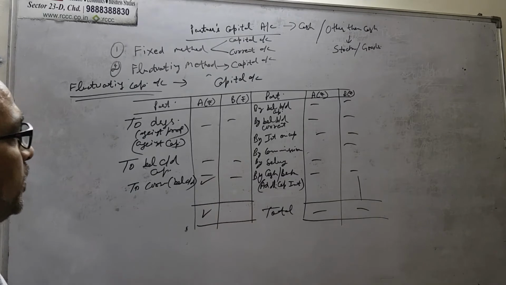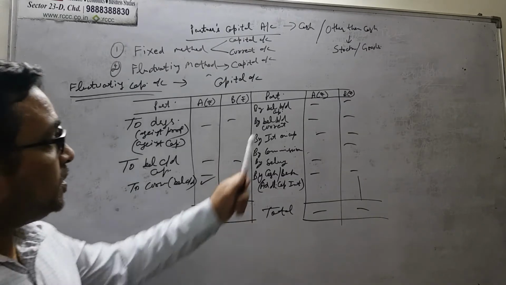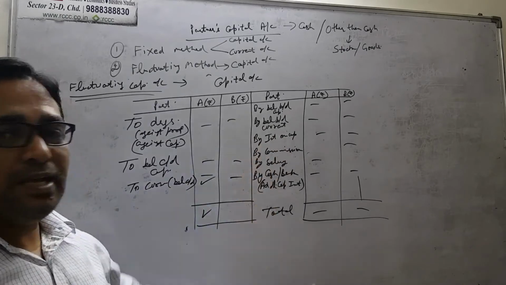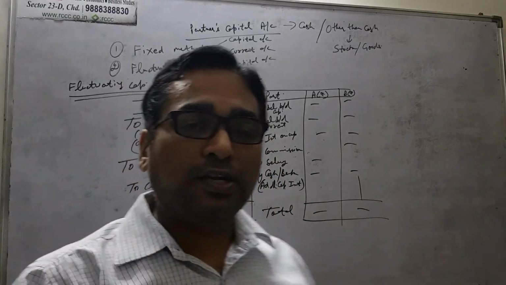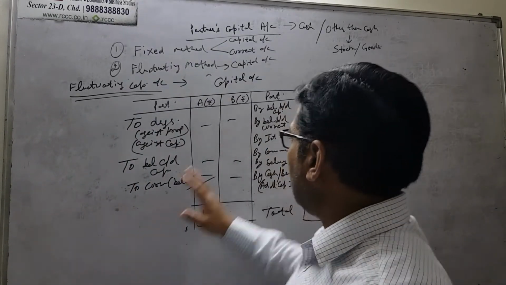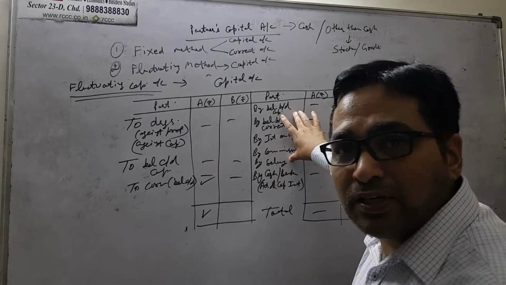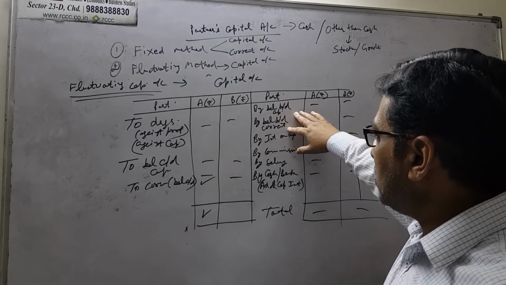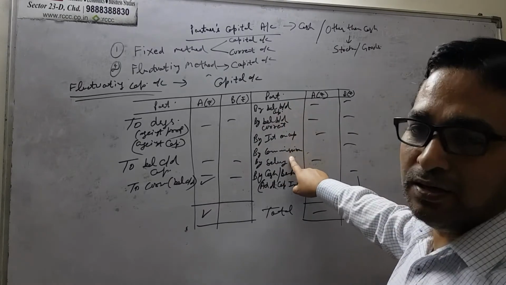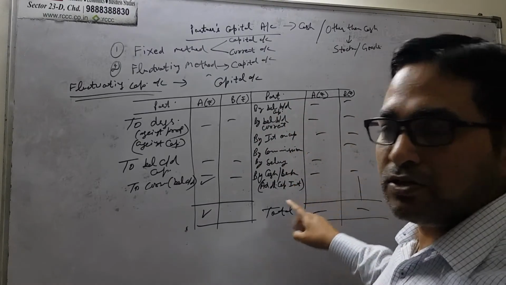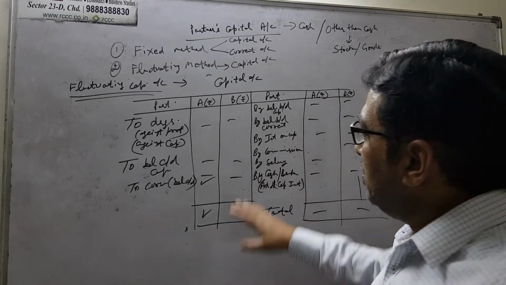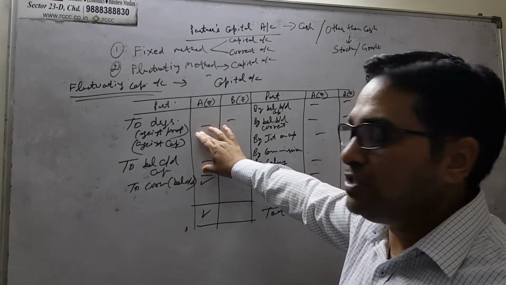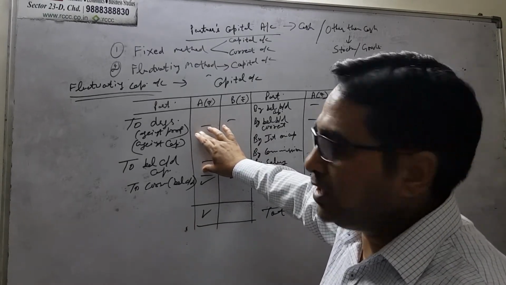Now there is an important thing to understand here, that all the income of the partner, I'm categorically saying about the income. So all the income of the partner, even if income is from interest on capital, commission or salary, it will appear on the credit side. So this is a common rule. Any expense of the partner, that is the amount of money which the partner has to pay, it will appear on the debit side.